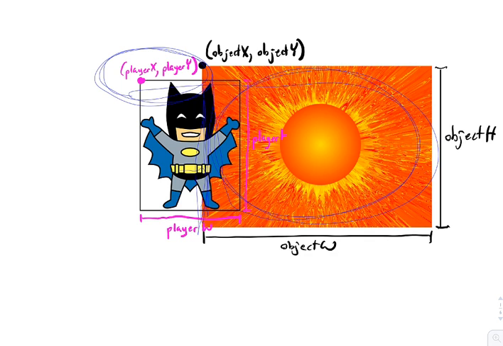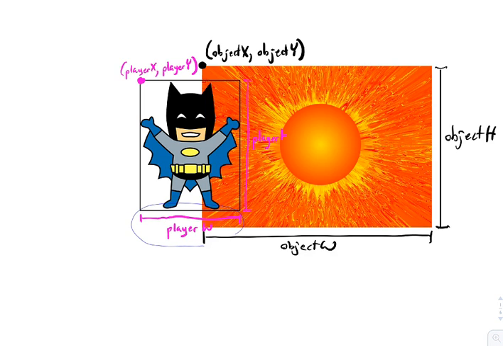Here's the player's width carrying it over into it. So again, even though the player's position is outside of the object, they can overlap because it's within the player's width of the left side. Here's the left side of the object. Here's the left side of the player. And since their positions are less than the player's width apart, they're still going to overlap a little.